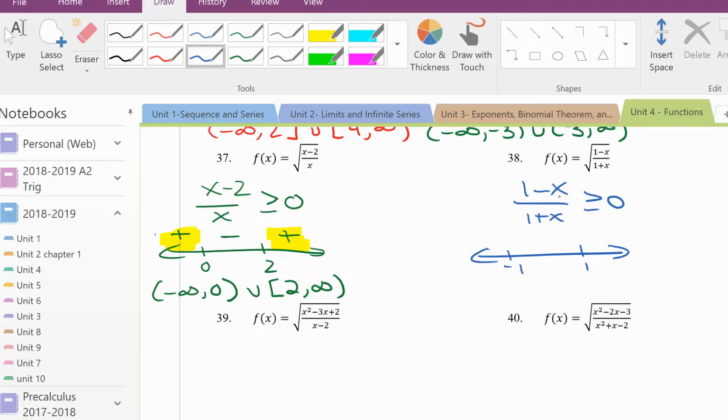So when you put -2 in, you get positive over negative, which is negative. 0 makes it positive, and then 2 makes it negative. So the numbers that work here in the domain are -1 to 1, and the 1 is inclusive.